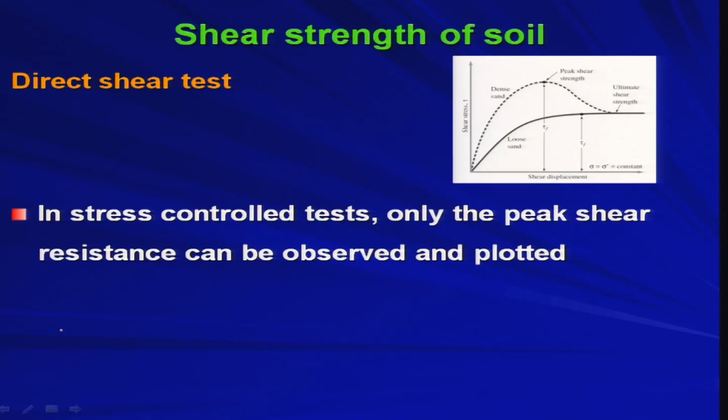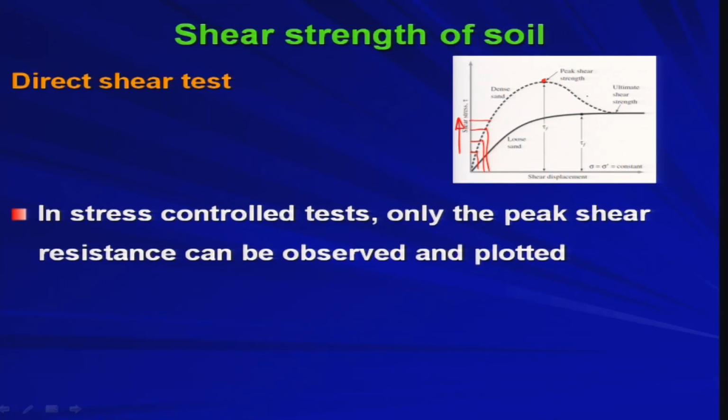If you look at this figure, in the stress control test only the peak shear resistance can be observed and plotted. In the stress control test you control the stress, that means you give some equal increment of stress and observe the strain. Because you are continuously increasing the stress, you can at maximum reach the peak.